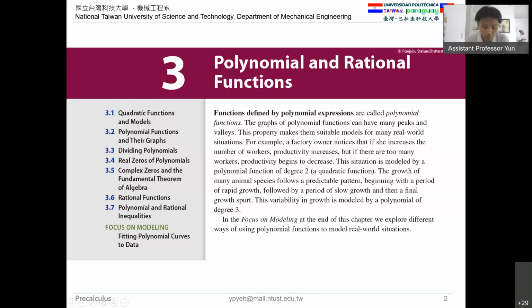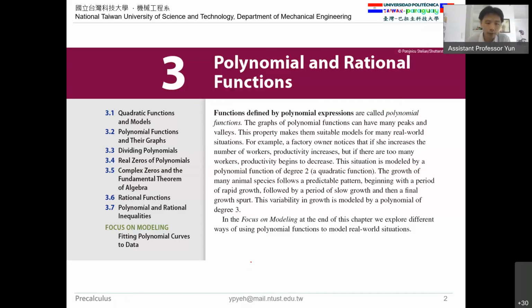For example, if you still remember, we learned some of the asymptotes of these rational functions, which come from certain properties.